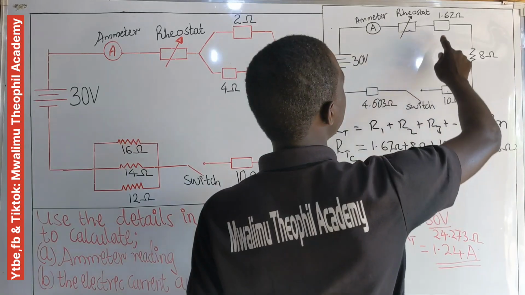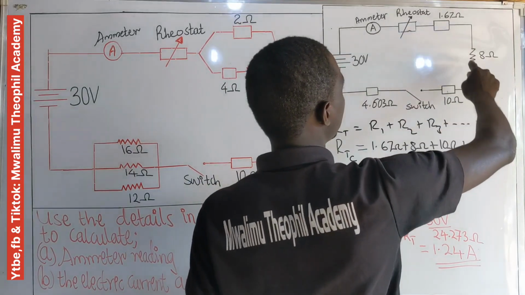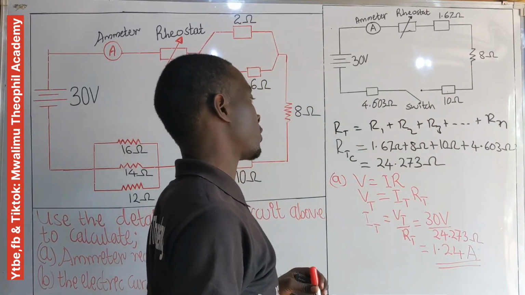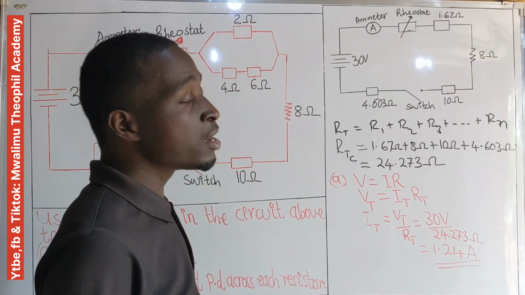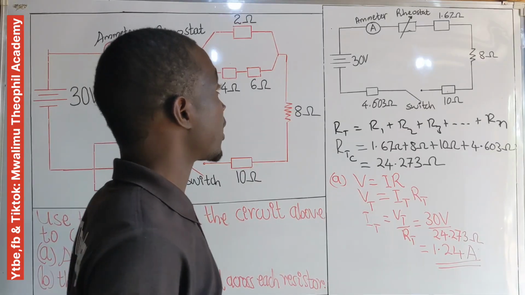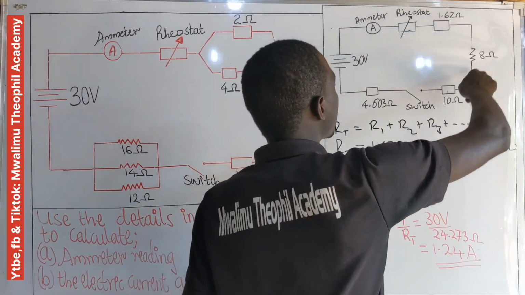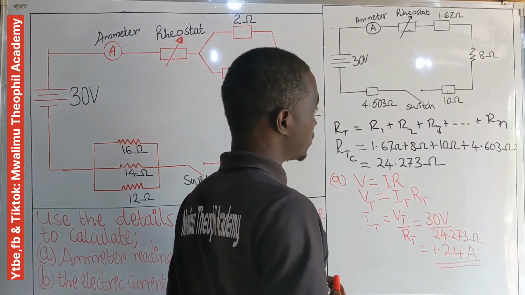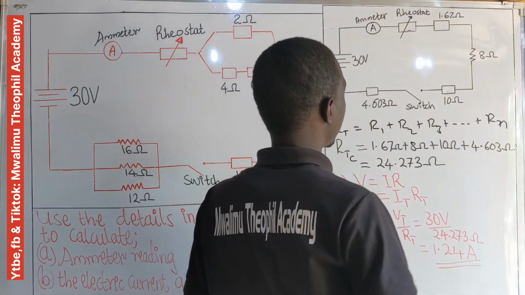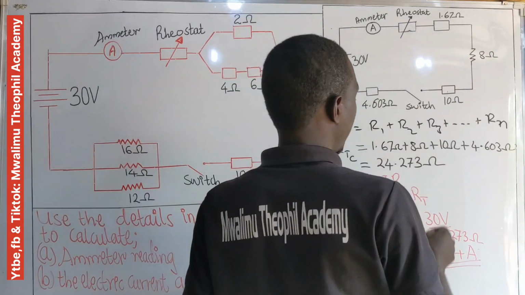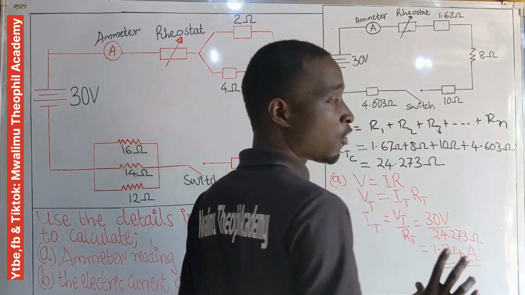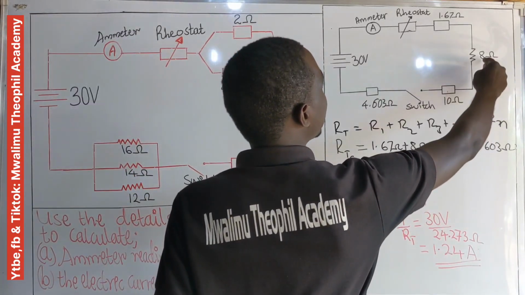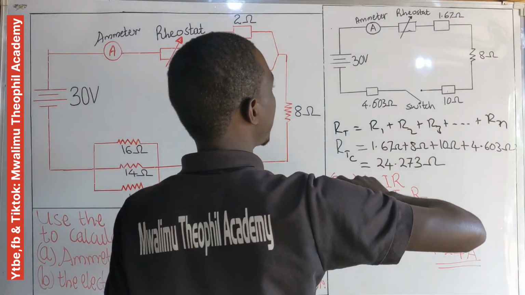It means the current flowing through the 1.67 ohm resistor, 8 ohm resistor, 10 ohm resistor, and 4.603 ohm resistor is the same and is equal to the total current in all these series resistors. It means the current in each of the 4 resistors is equal to 1.24 ampere, which is the circuit current.